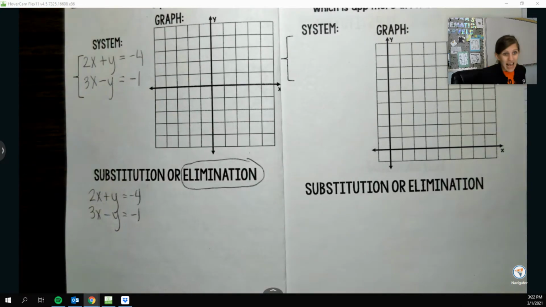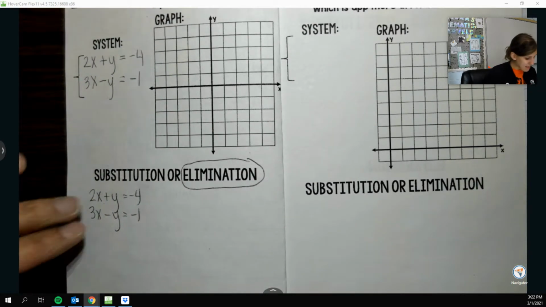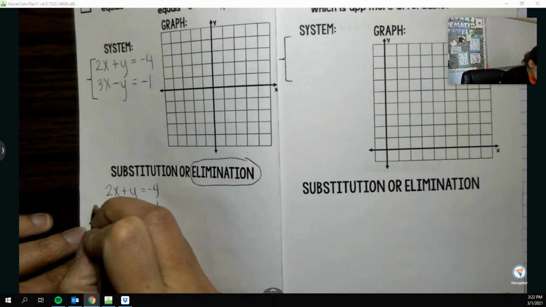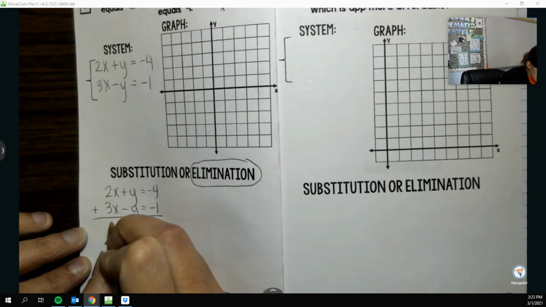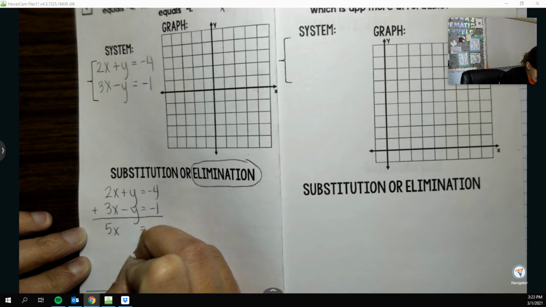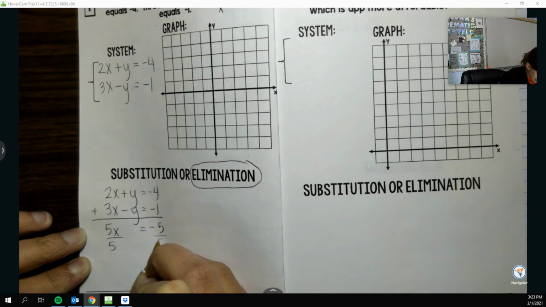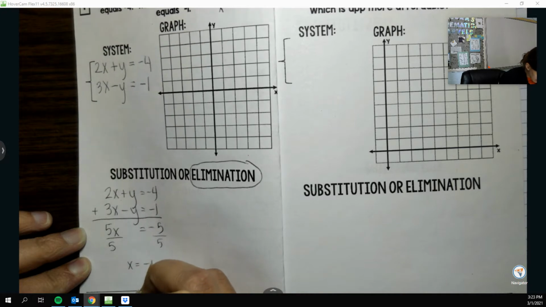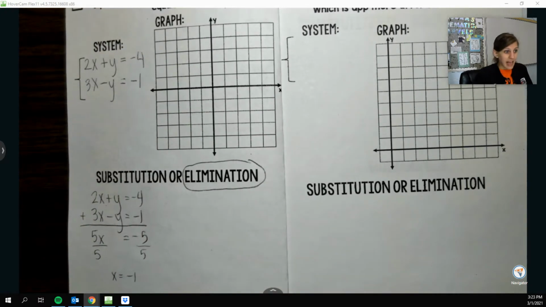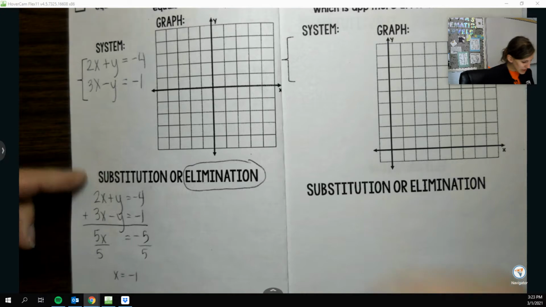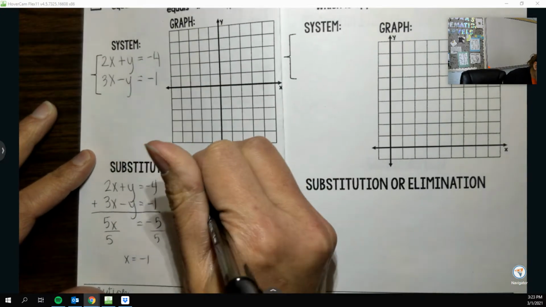As they are right now, if I add them up, the y's will eliminate because they are opposites. So I'll have 5x, 0y equals negative 5. Then divide by 5 on both sides, so x is negative 1. And then you can pick either equation. I'm going to go with the top one just because there are fewer negatives.